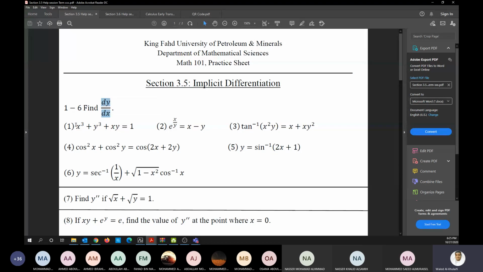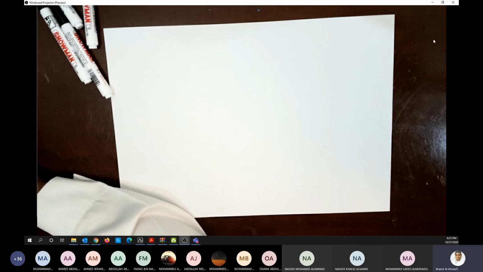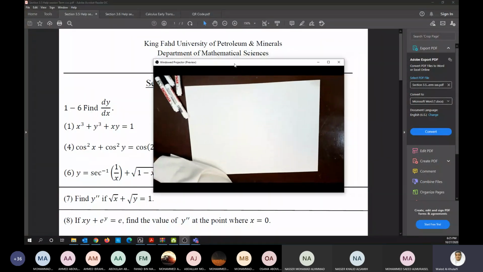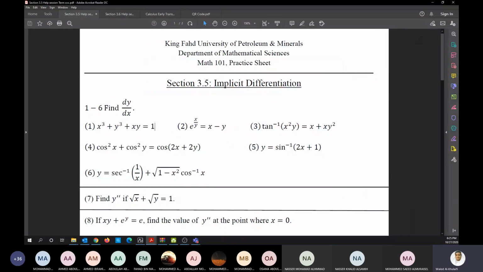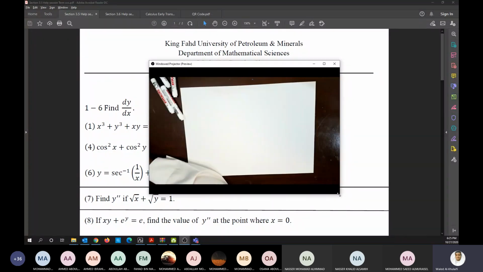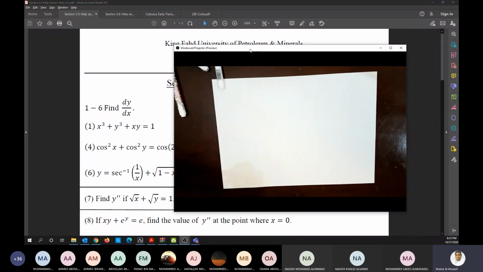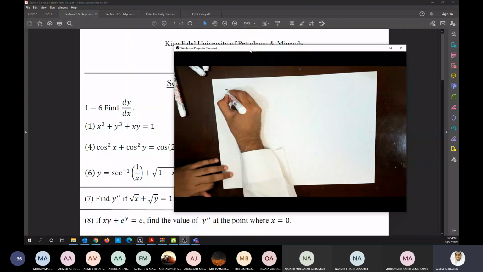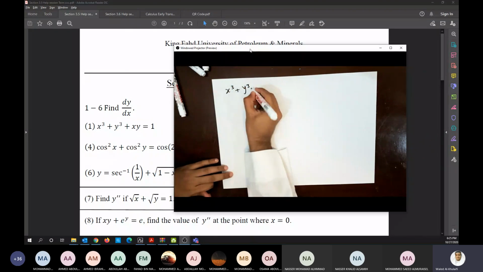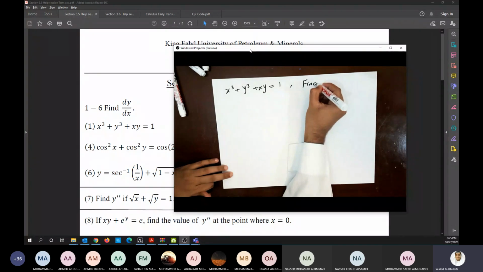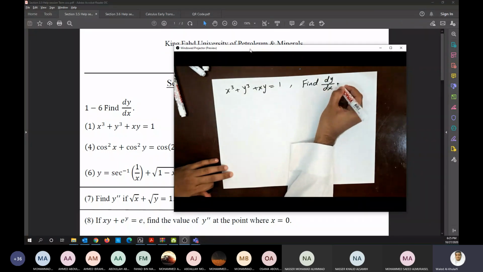Okay, so now let's start with this equation first: x cubed plus y cubed plus xy equals 1. And it says find dy by dx.